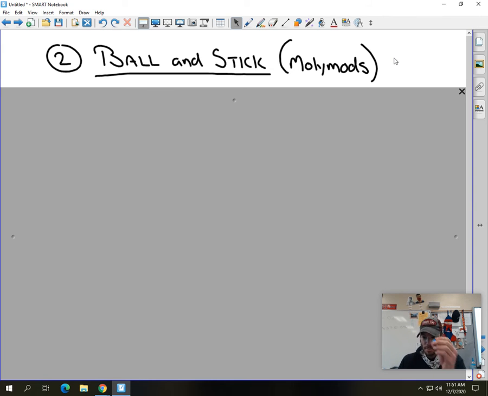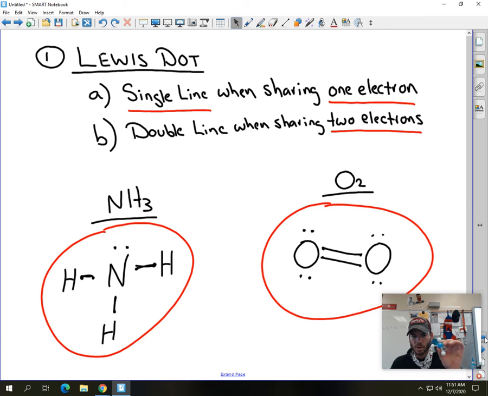If I was to actually make these, I would take my nitrogen and I have a ball and a stick. I'll put this together real quick. Here, I have made NH3, you see the blue for nitrogen and the 3 hydrogens. If we go back to the previous screen where we had NH3, it looks identical to that screen.